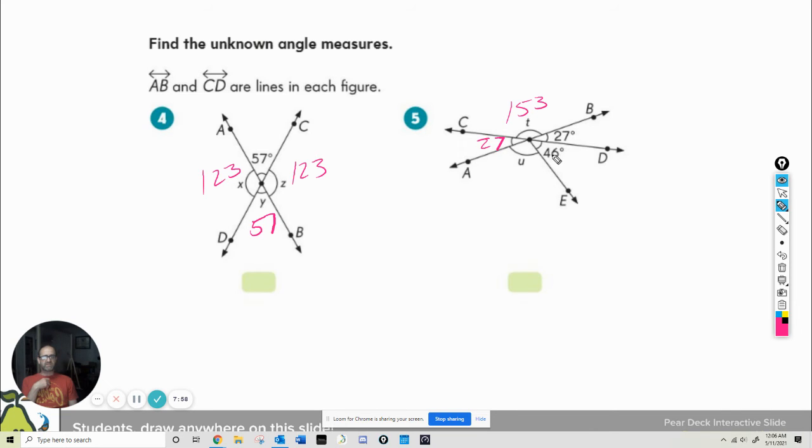If this is 153, then that's 153. So 153 minus 46 equals 107. The other thing I was going to do is 180 minus 46 and 27.